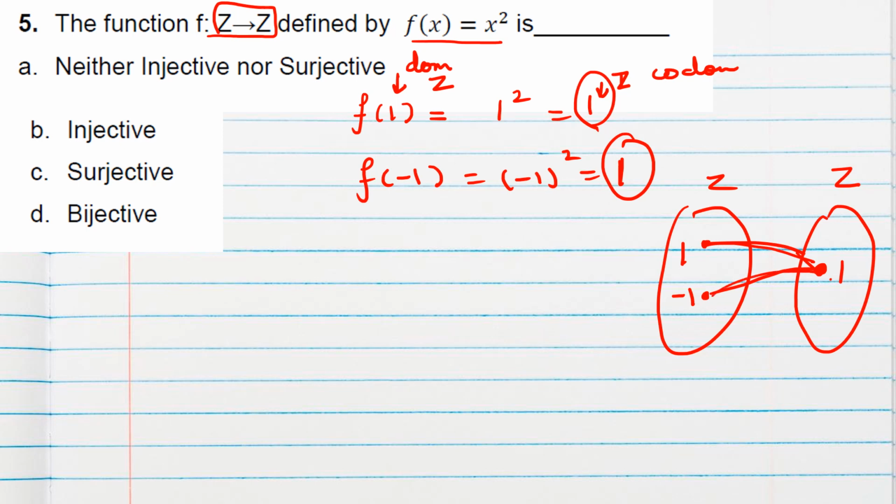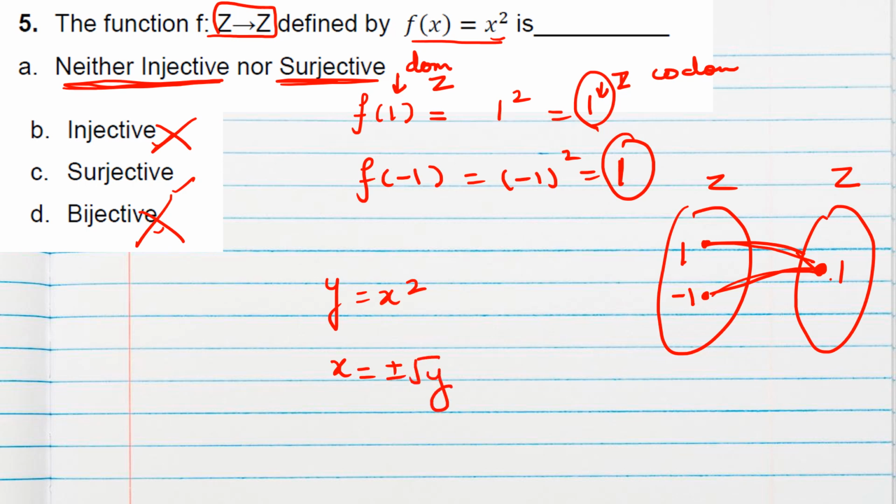So it is neither injective, and the other options, bijective and injective, also won't come. But we can check for surjective. For surjective, y is equal to x square, so x will be plus minus root y, because we have Z. Now the y value I can take as minus 2 or minus 3, right?